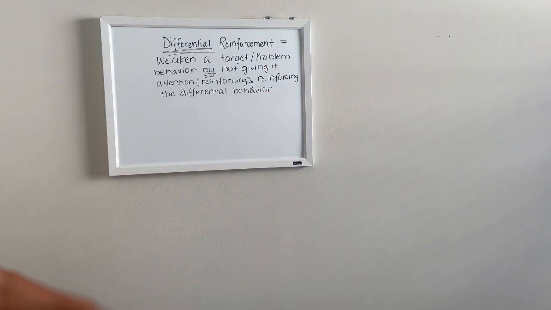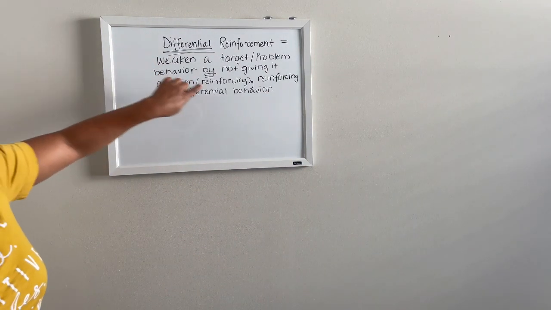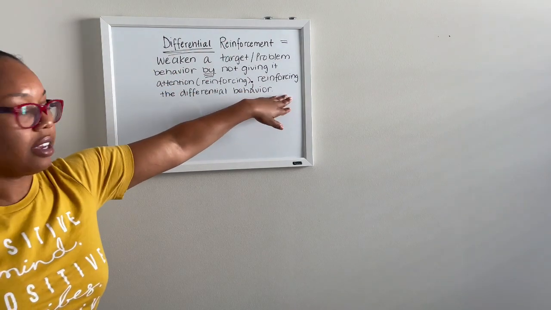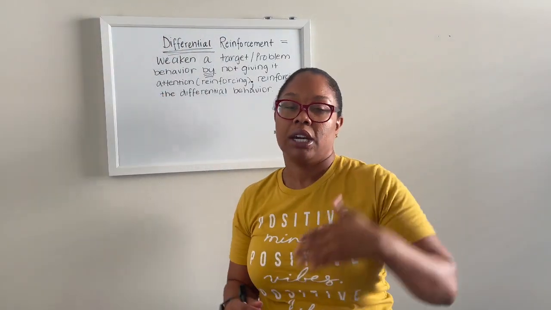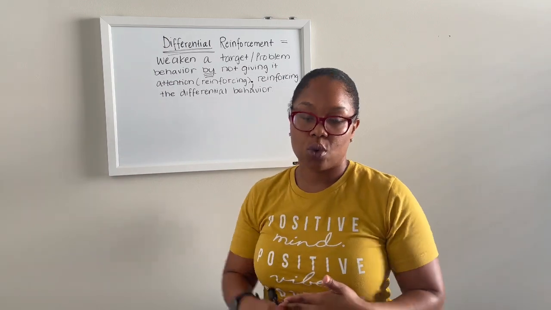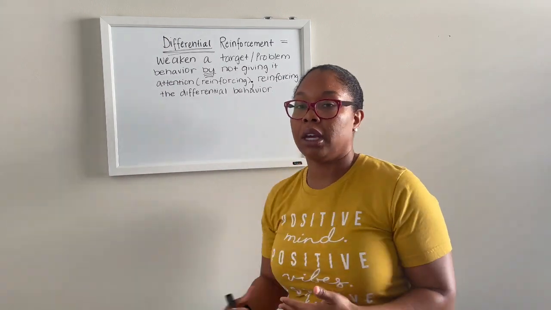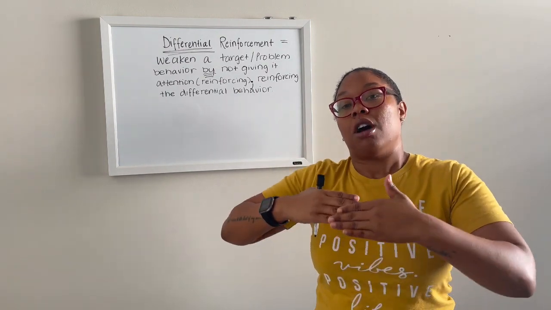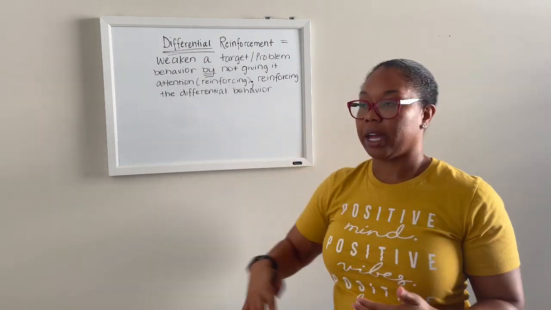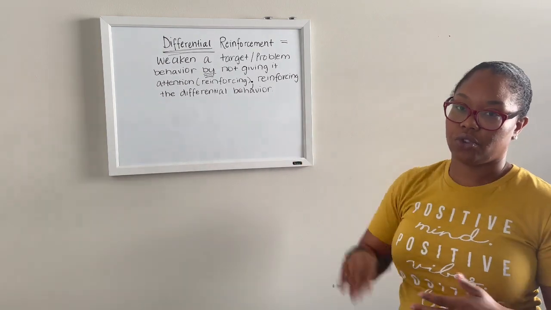Okay? Taking this away, adding this. That's what makes it reinforcement. Reinforcement is usually adding to or taking away something to reinforce, or to keep, a desired behavior going. And that's how we do differential reinforcement.